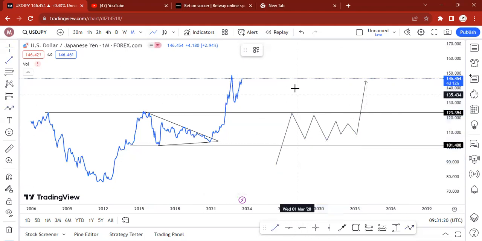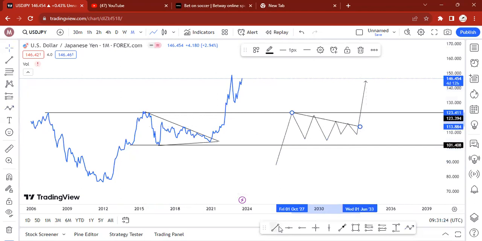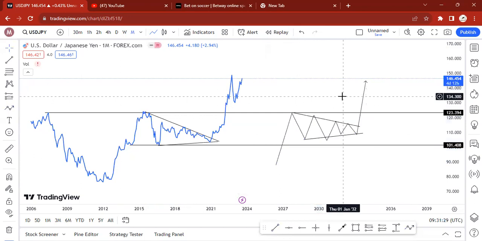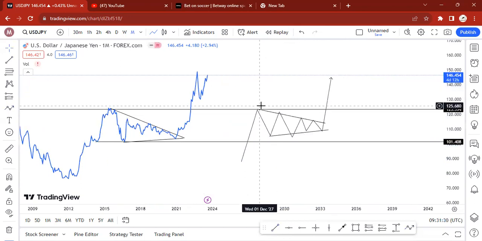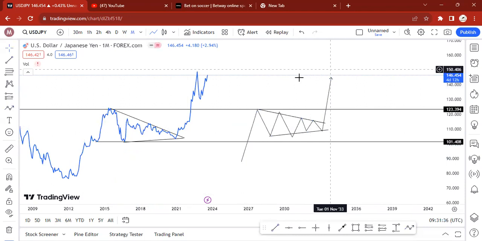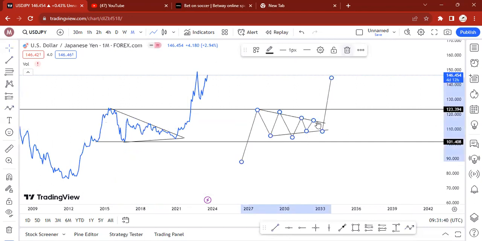So you can see that we have some sort of trend line there, impulse to the upside, consolidation inside a downtrend or a wedge, and an impulse move to the upside. So yeah, let's just get rid of that.